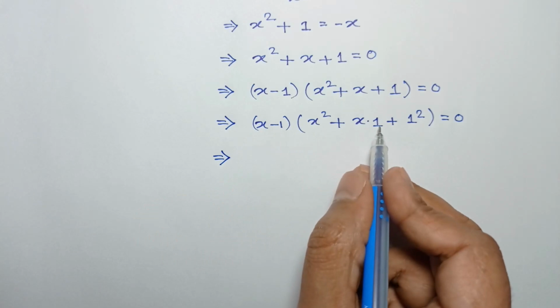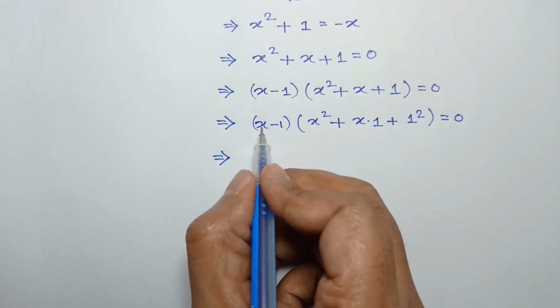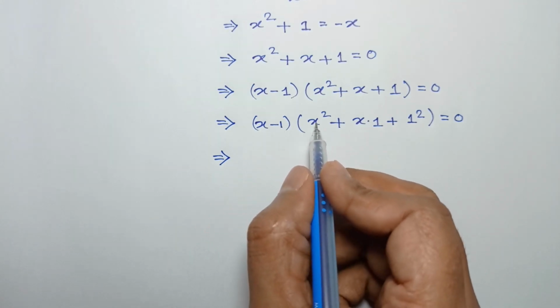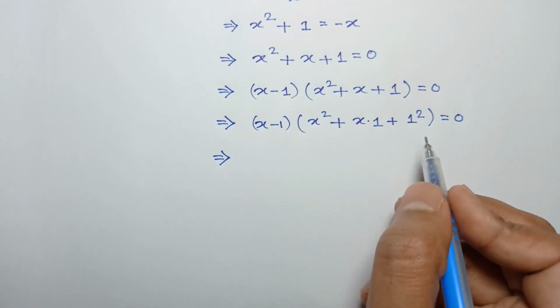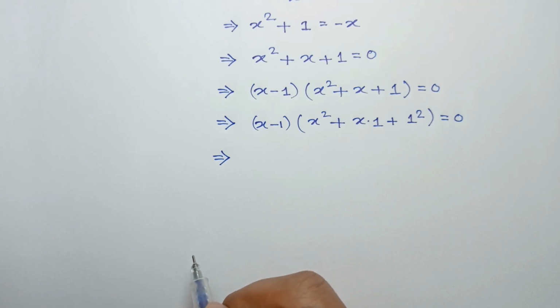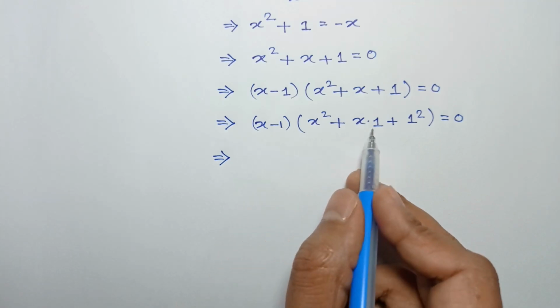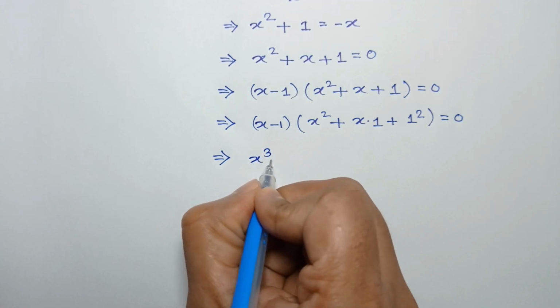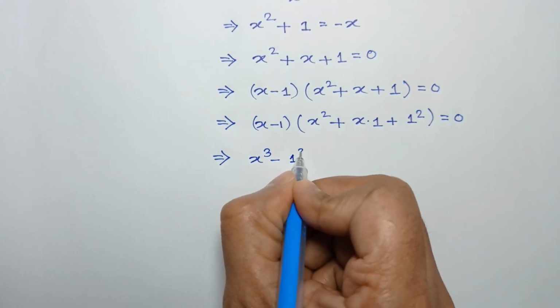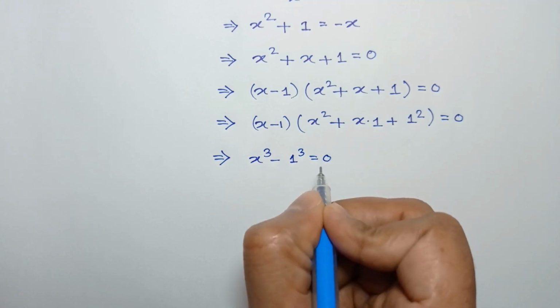Or this is like the formula of a minus b times a square plus ab plus b square is equal to a cube minus b cube. Applying this formula, we can write it as x cube minus 1 cube is equal to 0.